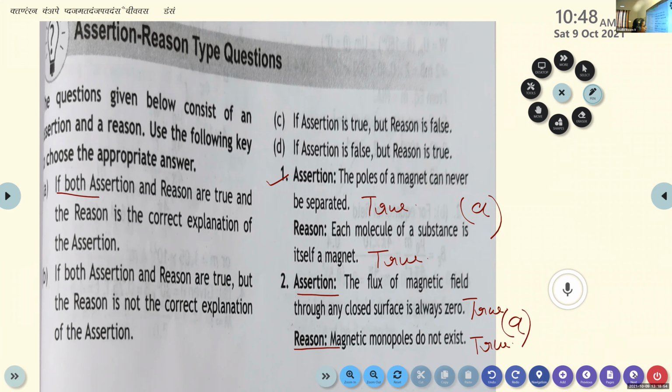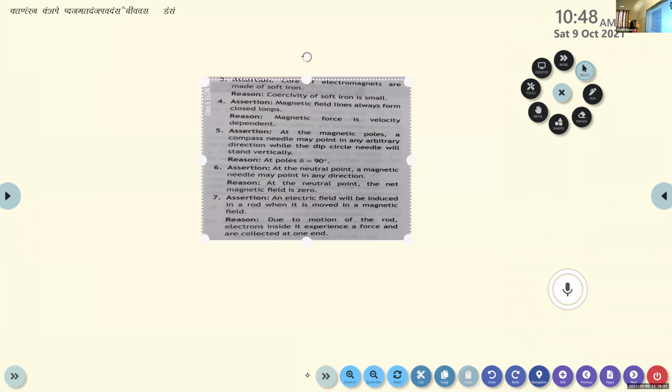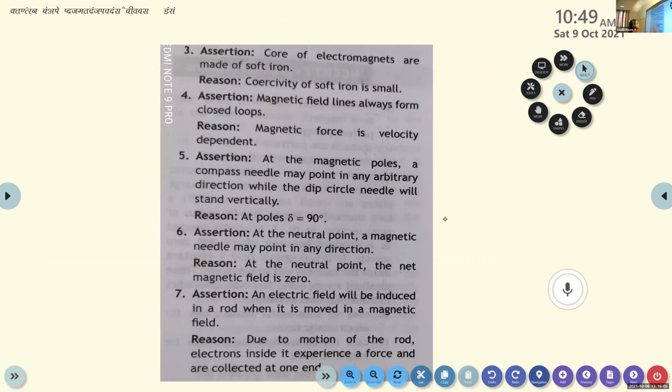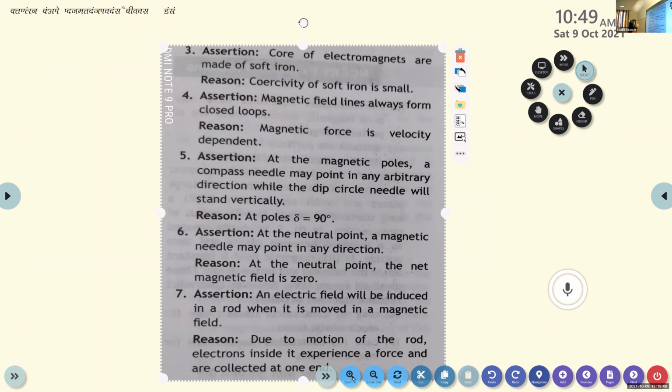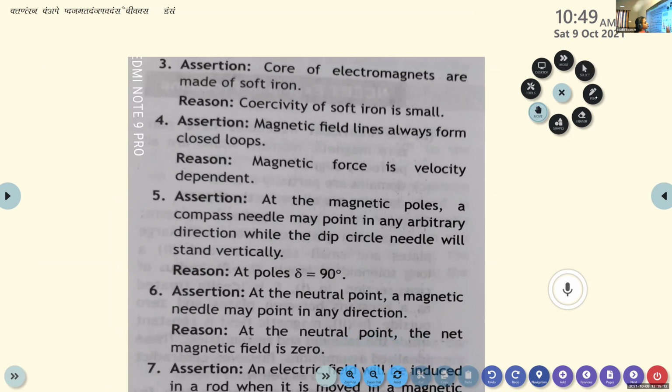Now the next assertion. Third one. Core of electromagnets are made of soft iron.